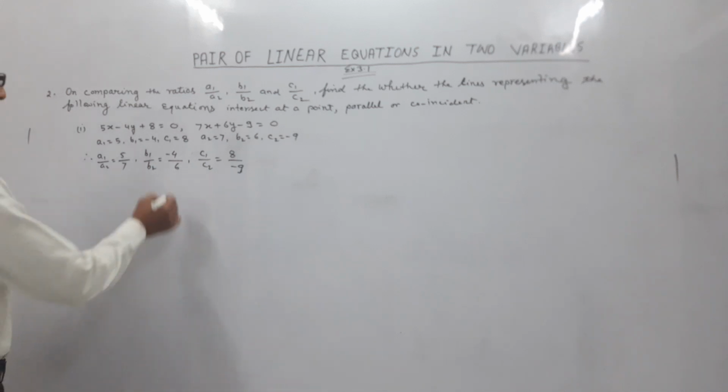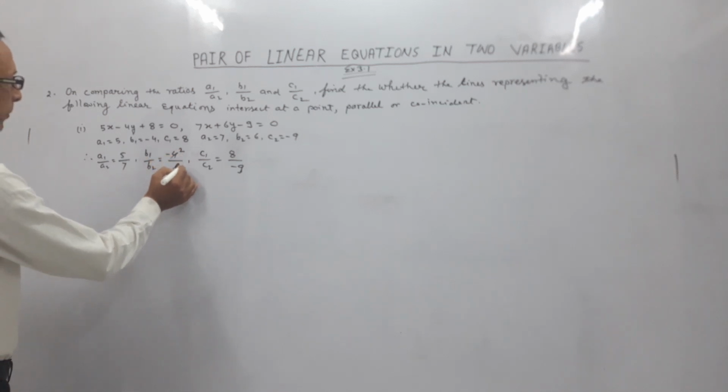So now it is clear that if you break it you will get 2, 3.